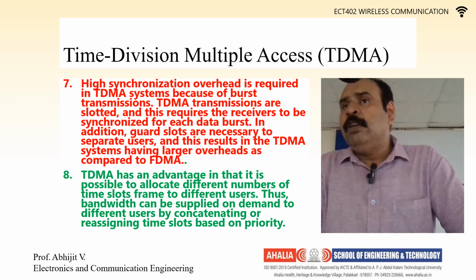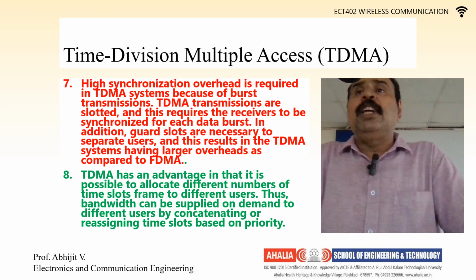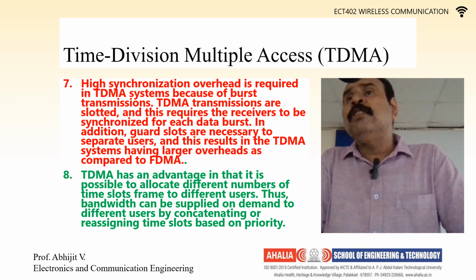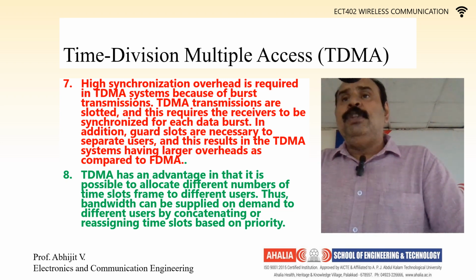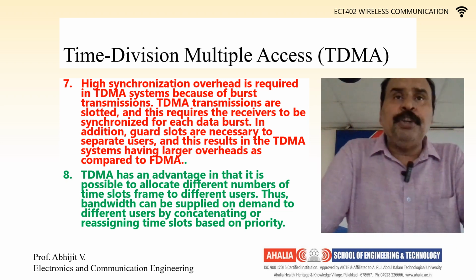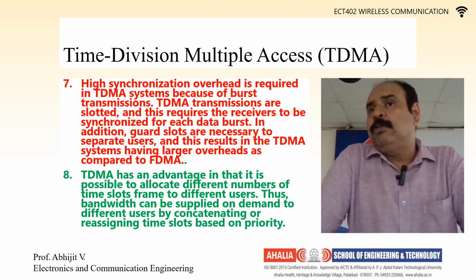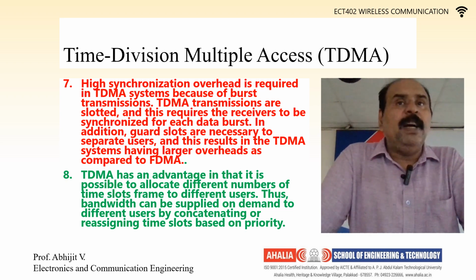In time division multiple access, we are allocating a dedicated time slot for each user, but no user will get a continuous transmission or a continuous channel. Our objective is to support multiple users at one particular time, like a frequency band, you can imagine a time band.